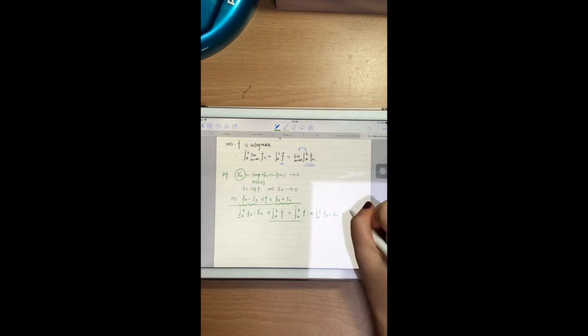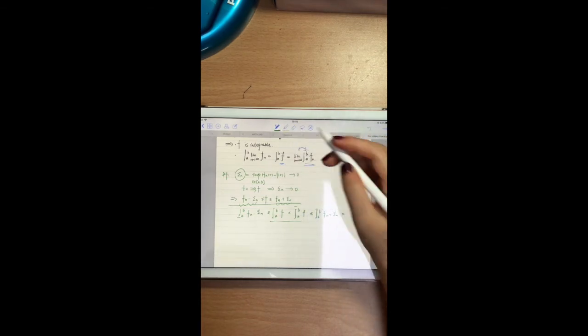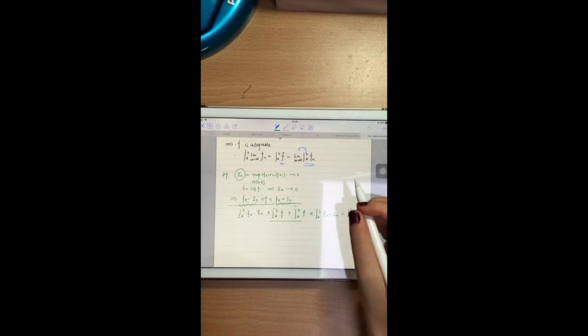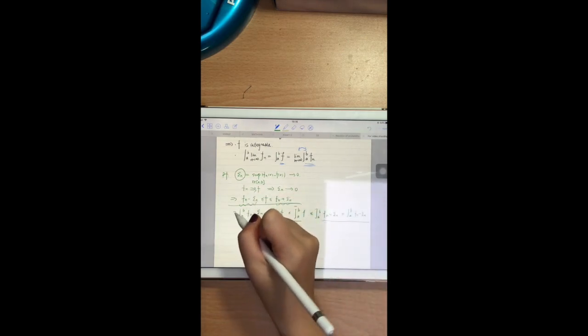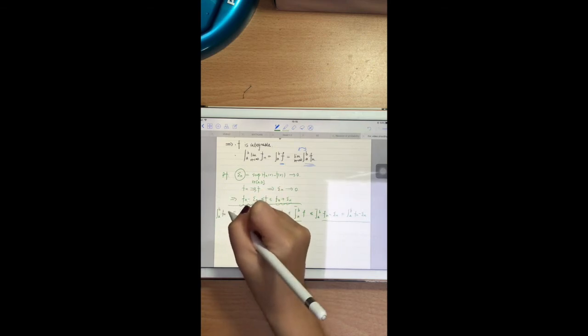Another thing is, actually, you can have the integral of f_n minus epsilon from a to b on this side, and this side is equal to the integral of f_n minus epsilon from a to b.